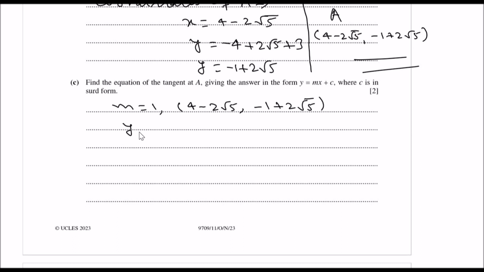So y minus y1: y plus 1 minus 2 root 5 is equal to m, which is 1, times (x minus 4 plus 2 root 5).